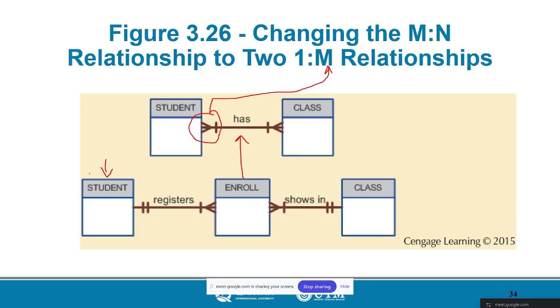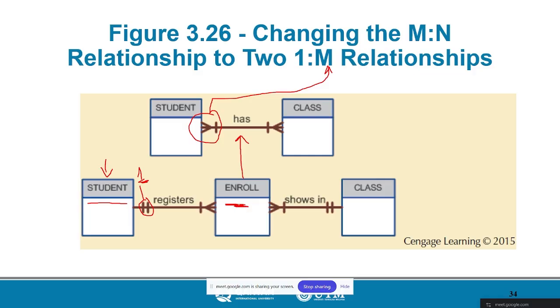Now we will explain it. What does this diagram mean? It means that one student, and we know this is one because this is the sign for number one, registers in many enrolls, and one class shows in many enrolls.